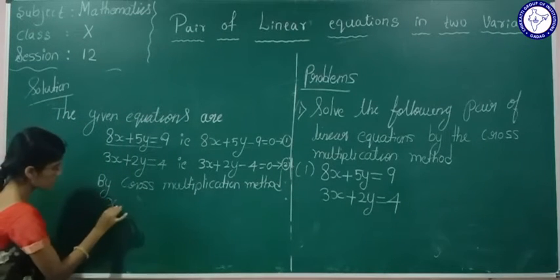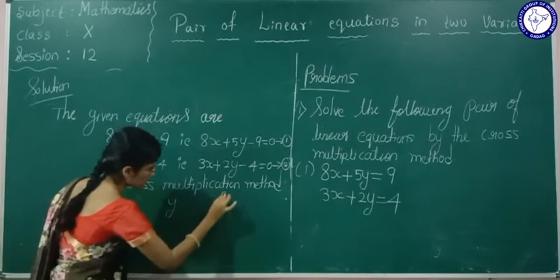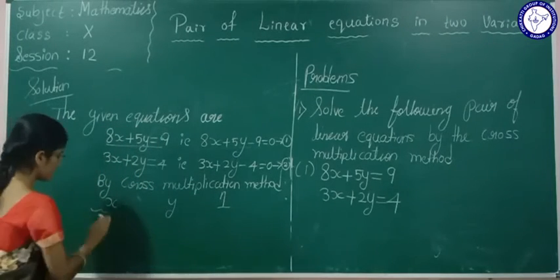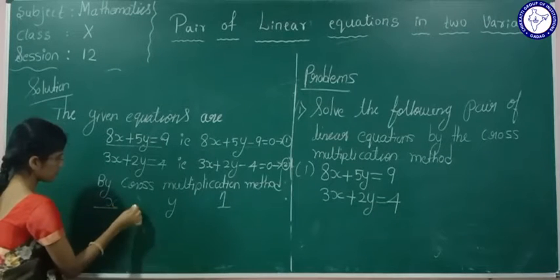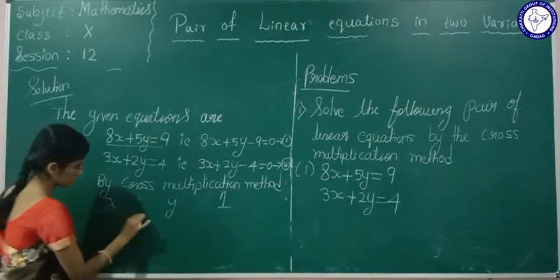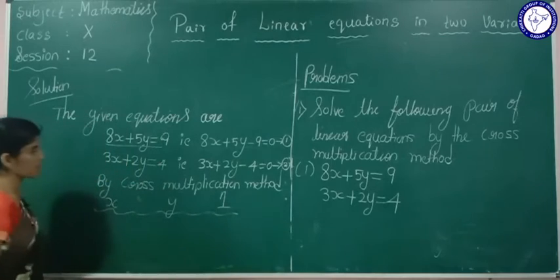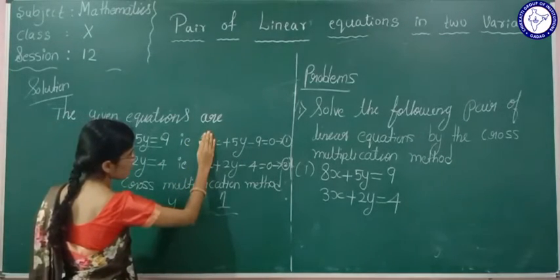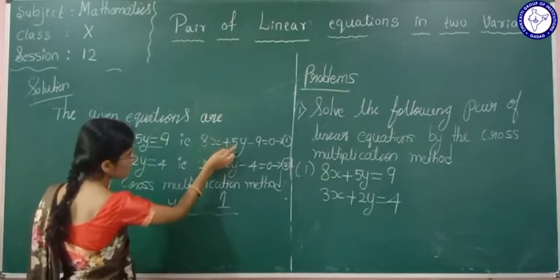You write here x, y, 1. Now write the coefficients of y. What are the coefficients of y here? 5 and 2.